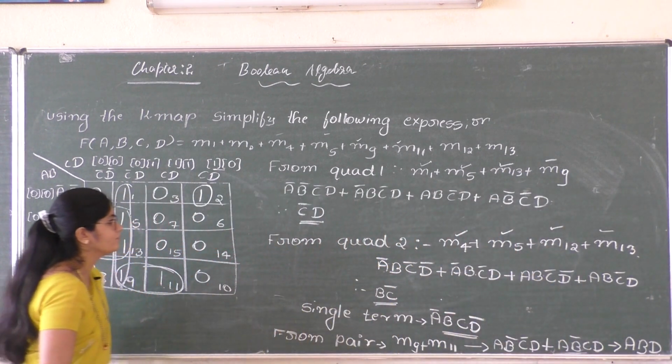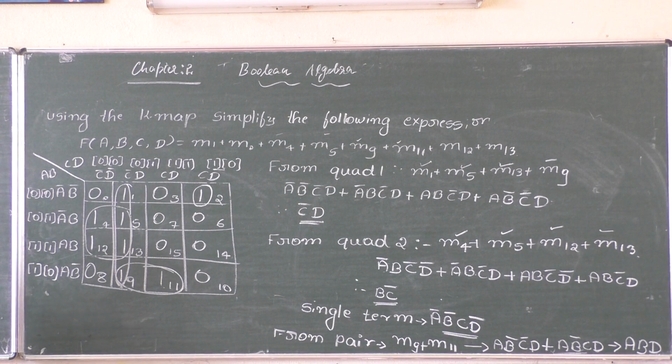From quad 1 we got the minterm C bar D. From quad 2 we got the minterm B C bar, and we have written the single term A bar B bar C D bar, and from the pair we got the minterm A B D. Now add all the minterms to get the SOP expression.